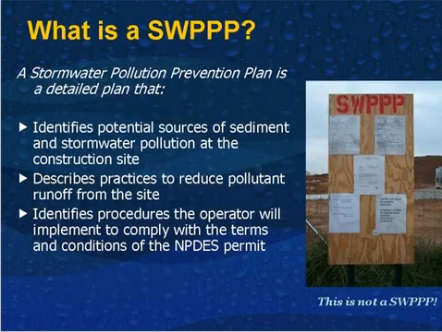And let's see. Thelma was going to talk a little bit about a SWPPP, so I'll turn it over to her. Okay. Well, a SWPPP is a stormwater pollution prevention plan, and it's what we require. It's the basis of the permit requirements that construction projects need to develop and implement a stormwater pollution prevention plan.